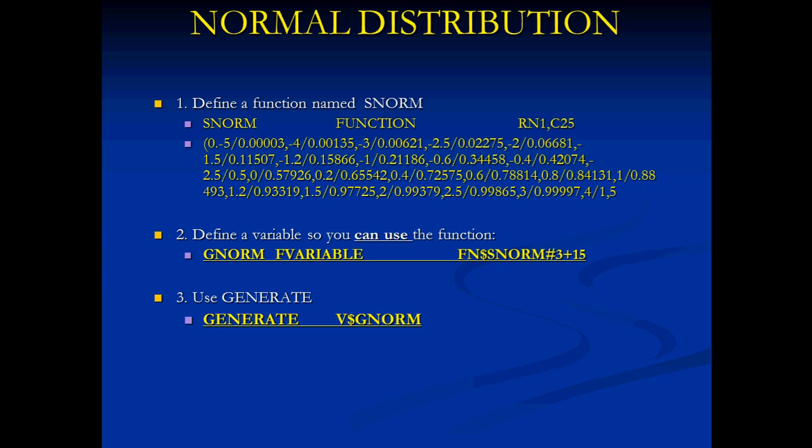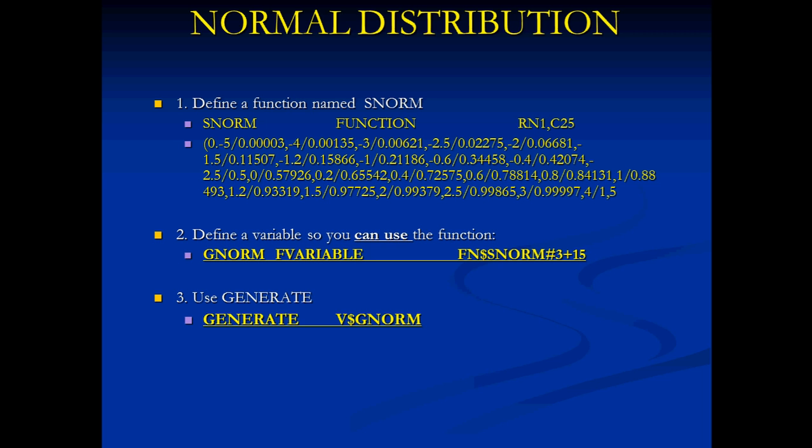In the example that we're seeing, we define a variable named gnorm. We establish that it's a variable. You can put f variable as in the slide, or just variable without the f, and it would work just fine. Then we establish that it's a function fn, then the string character, the name of the function as norm, and the hashtag.